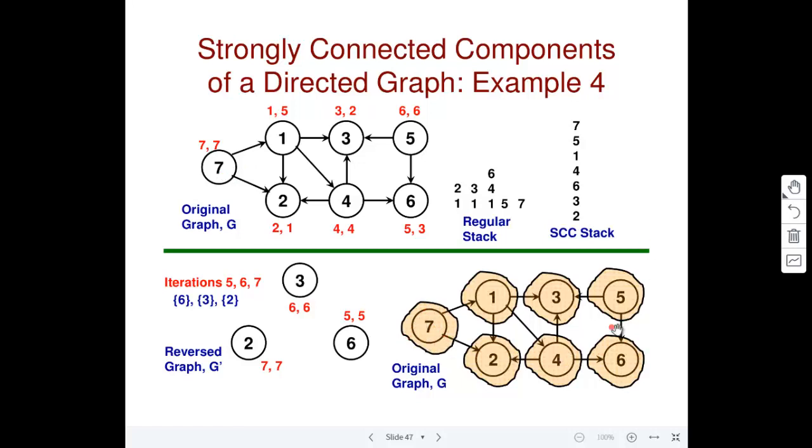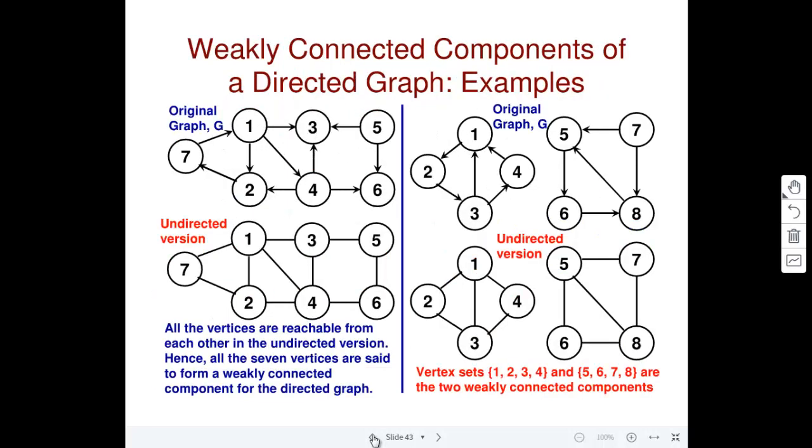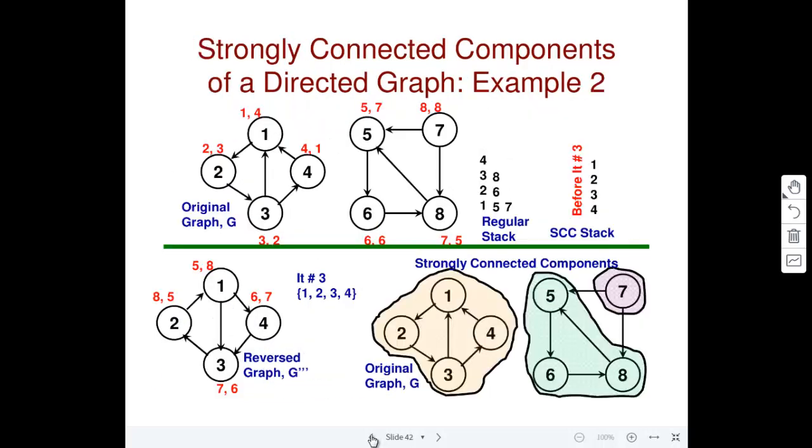Now, why is that? By definition, a directed acyclic graph should not have a cycle, right? So if you want to have a strongly connected component of size more than 1, that means, by definition of a strongly connected component, the vertices that are part of it should be reachable to each other, which means there should be a cycle in a strongly connected component. Look at the earlier examples that we have gone through.